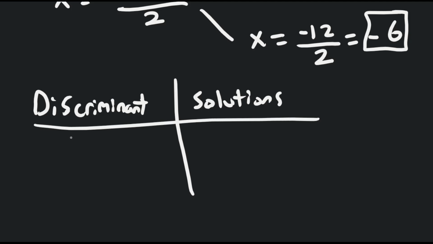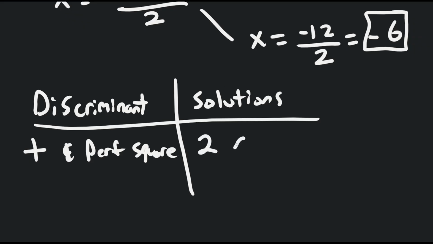So if the discriminant is a positive number and it's a perfect square, then there are two solutions and they're rational. There are two rational solutions.